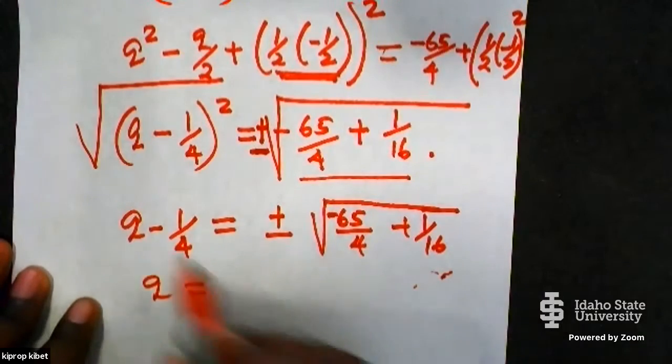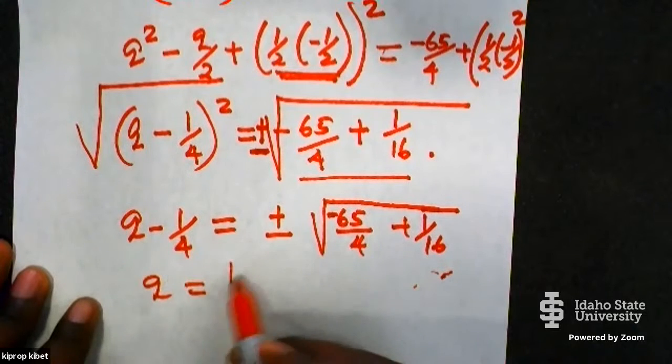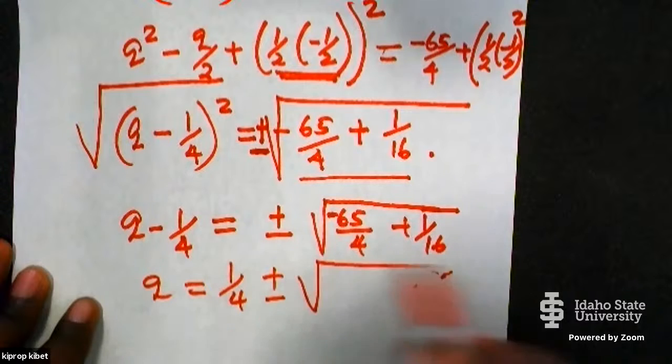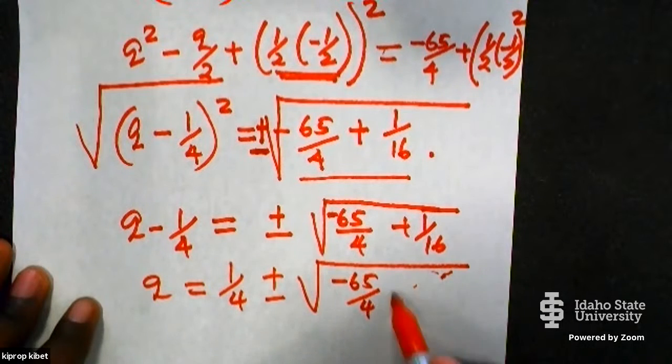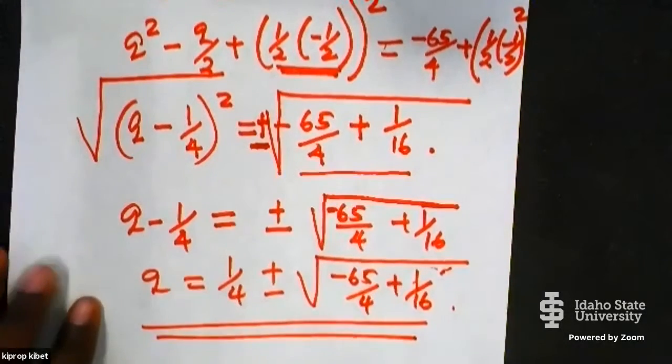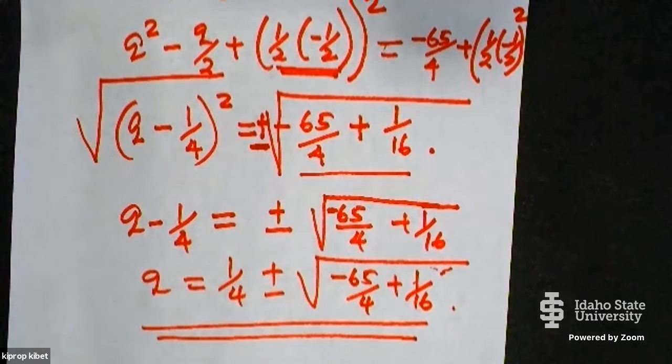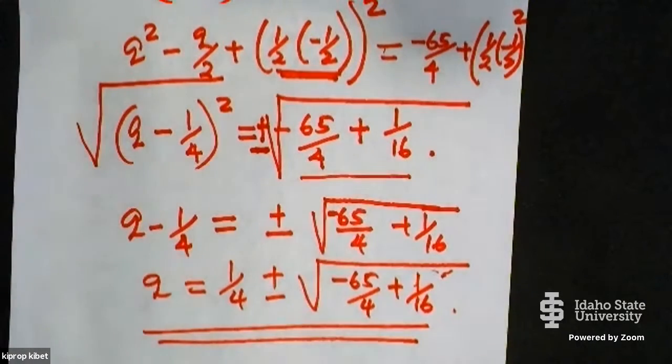So q will be equal to 1 over 4 plus or minus the square root of minus 65 all over 4 plus 1 all over 16. And that is our solution.